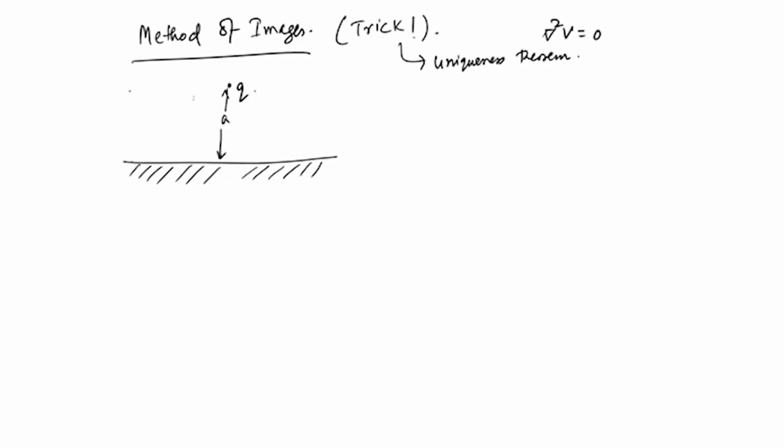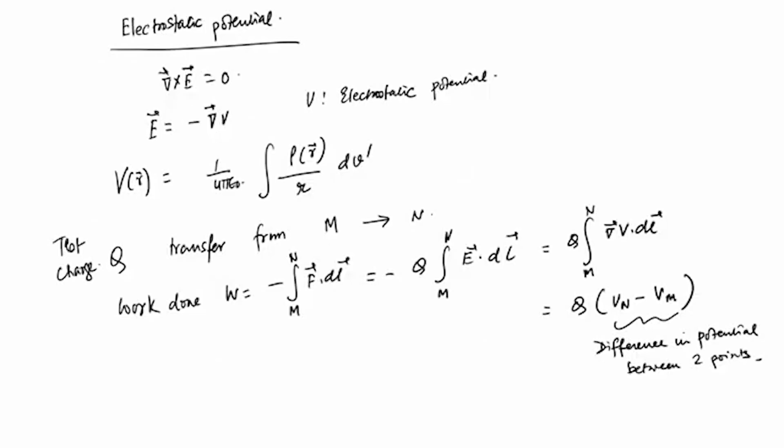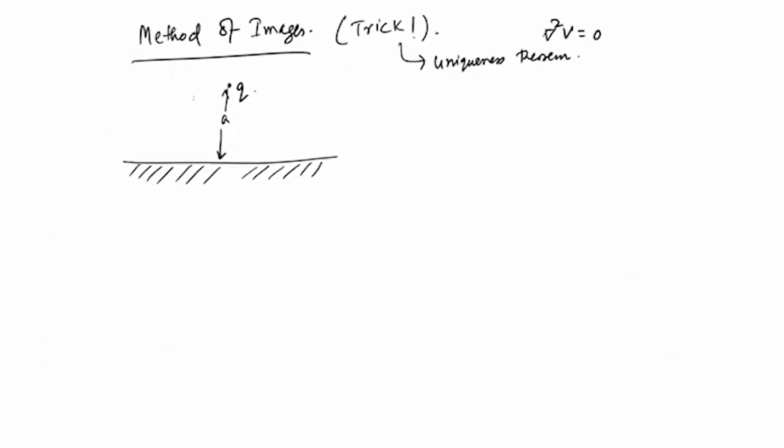You want to find the potential everywhere here, at all these places. Now, you could say that it is Q by 4 pi epsilon 0 r, so its potential is 1 over r, and the electric field is 1 over r square.